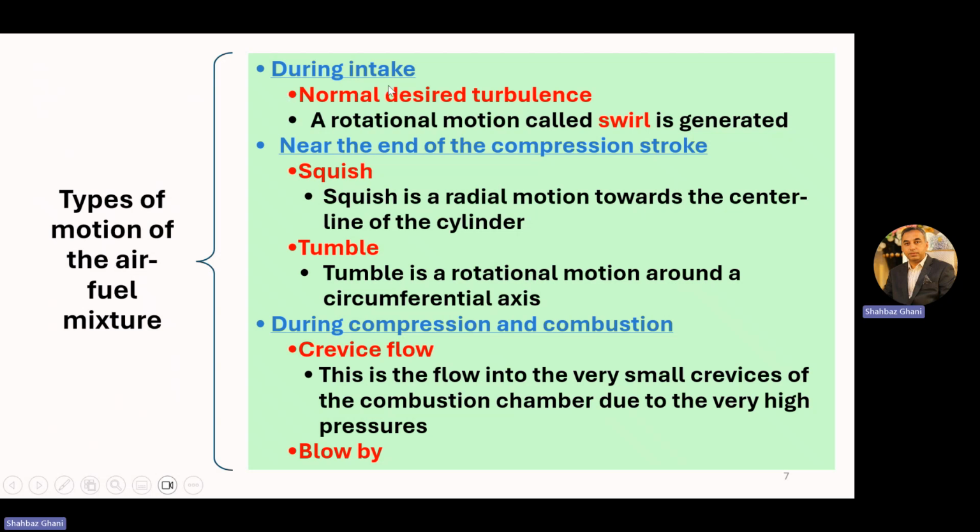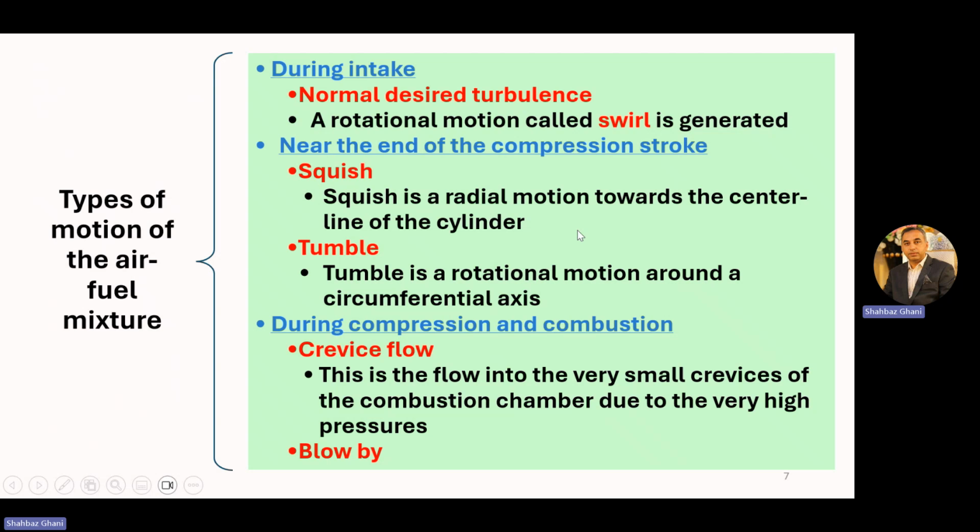Now, types of motion of the air fuel mixture. During the intake stroke, normal desired turbulence is required, and a rotational motion called swirl is generated. Near the end of the compression stroke, we have squish. Squish is the radial motion towards the center line of the cylinder.